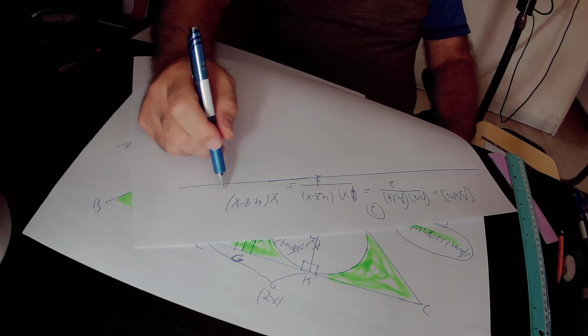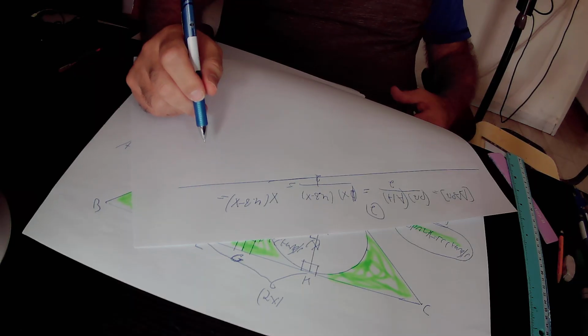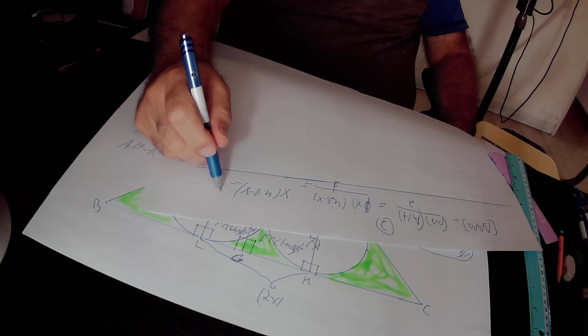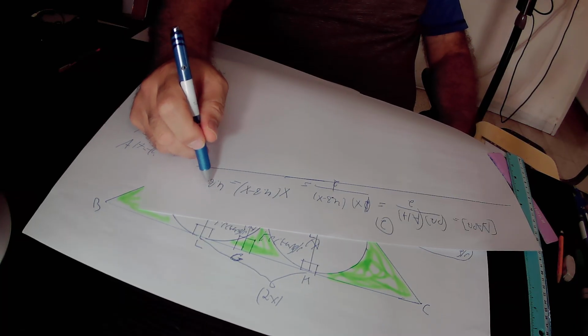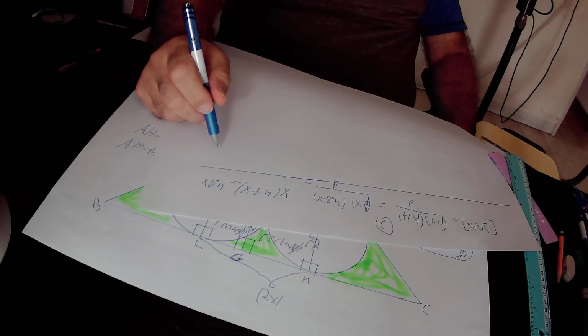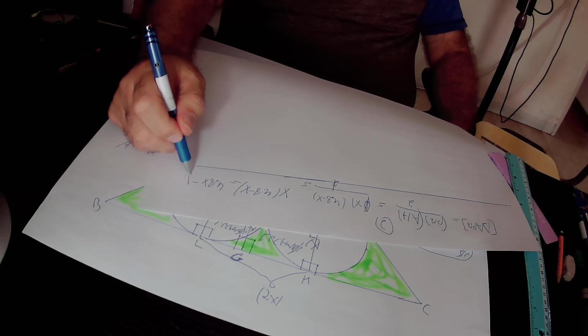We'll open the brackets of this expression and get that x times 4.8 is 4.8x, and x times minus x is minus x squared.